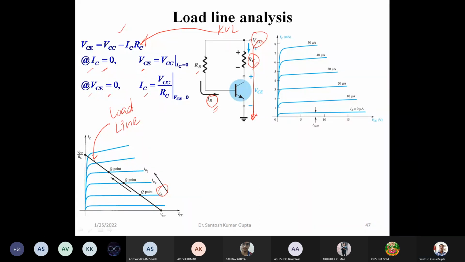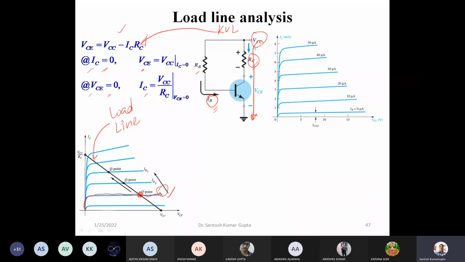When we overlap our load line with the transistor characteristics here, then depending on the values of IB, we have a single intersect point. Suppose we take say IB1 here. So for IB1 we have this characteristic here. The intersection of the load line with this characteristic gives a single point which we call the Q point or operating point.